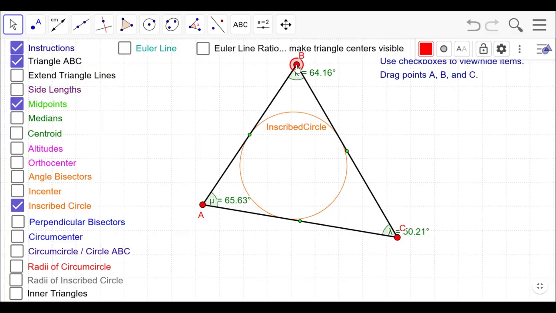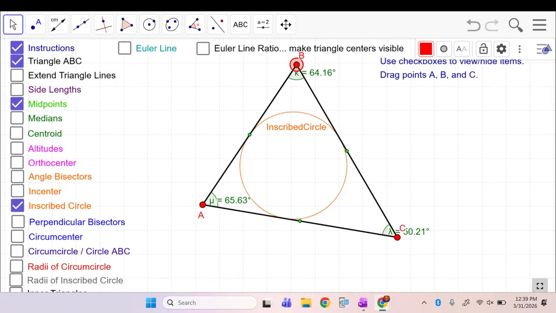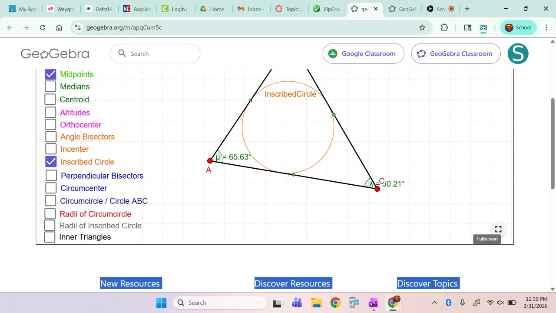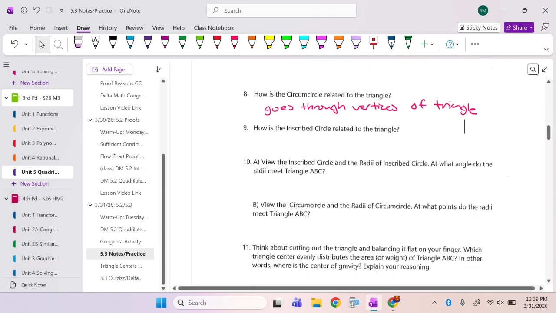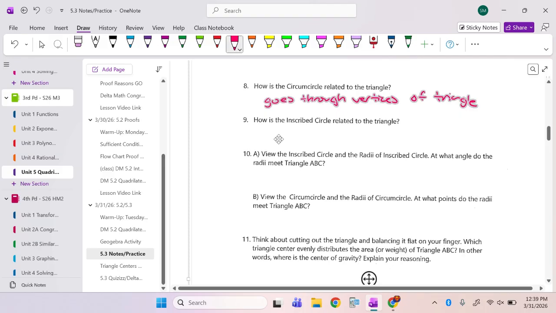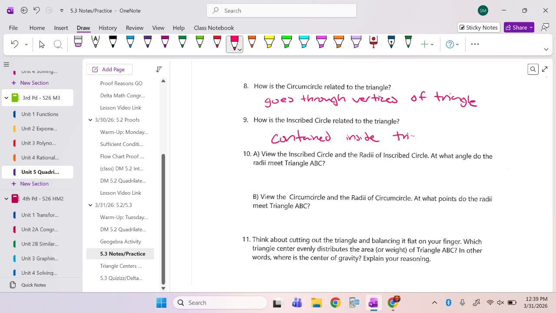Yeah. So in other words, it's contained inside the triangle at all times. All right, and with that, we're going to move on.